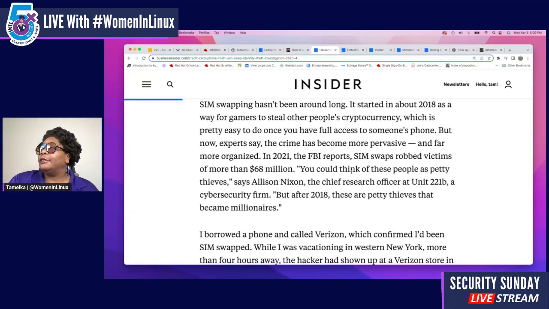You could think of these people as petty thieves, says Allison Nixon, the chief research officer at Unit 221B, a cybersecurity firm. But after 2018, these petty thieves have become millionaires, right?